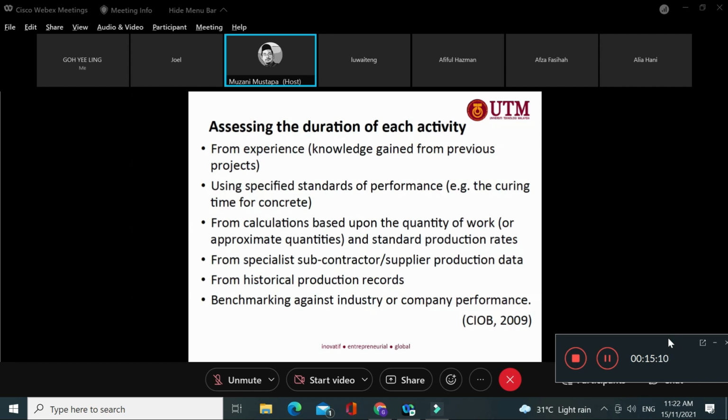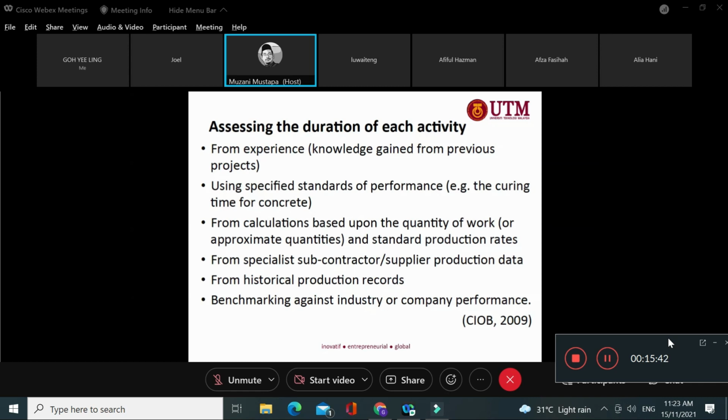But you can see as a QS, when you do a tender document or contract document, in practice in the contract document you ask the contractor to produce a master program, right? The master program. So the justification of you asking the contractor to submit a master program in 3 copies, for example, is that you have to see the deliverable, the logical sequence, how the process of the construction activity looks like at the construction stage.